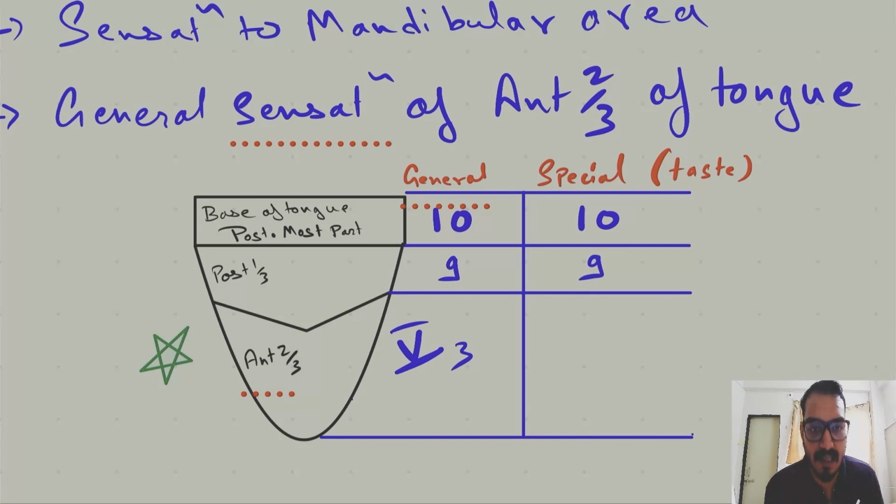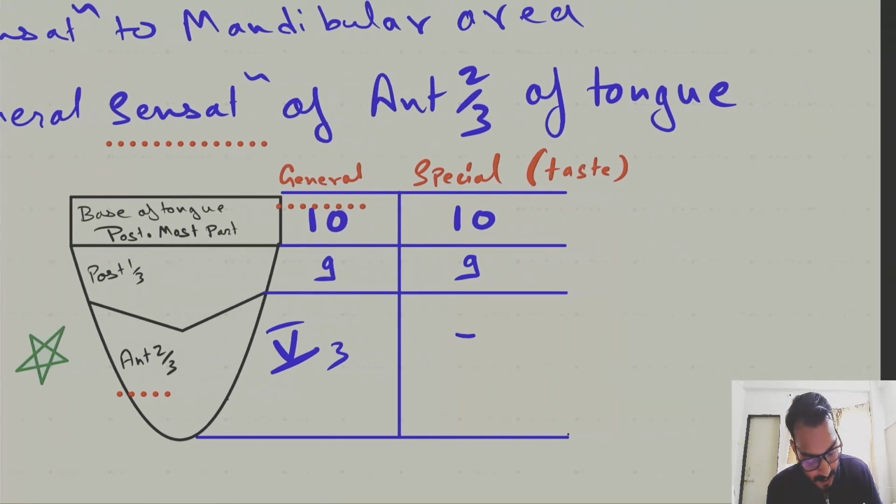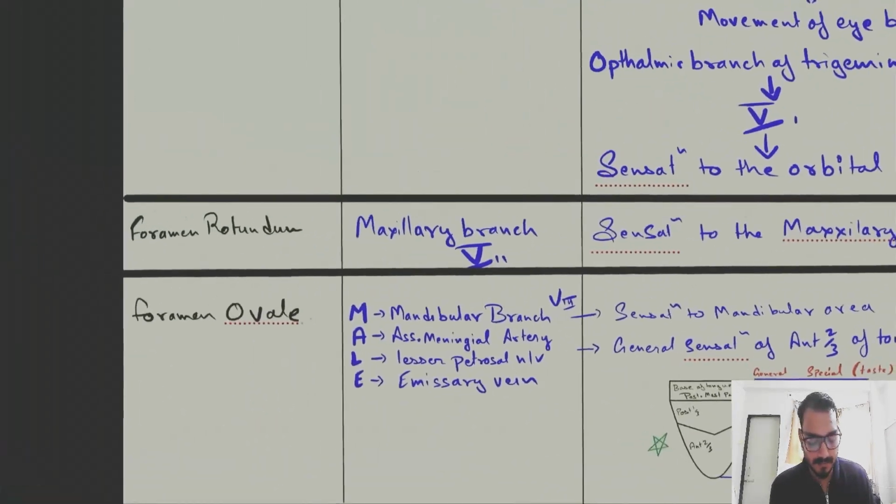The facial nerve, the seventh cranial nerve, supplies the special sensation, that is taste, to the anterior 2/3 of the tongue.